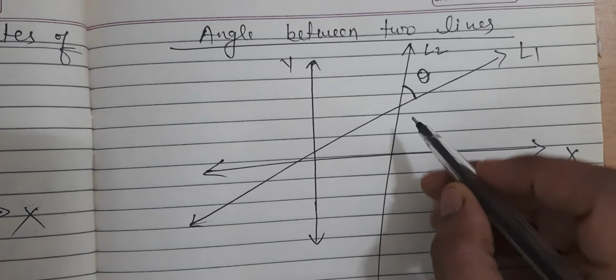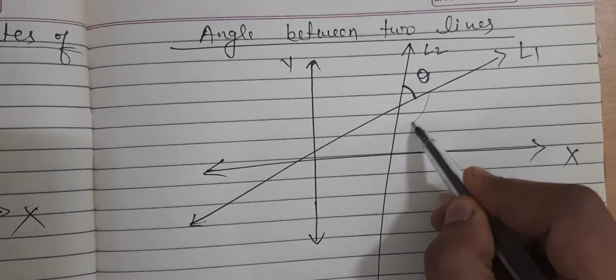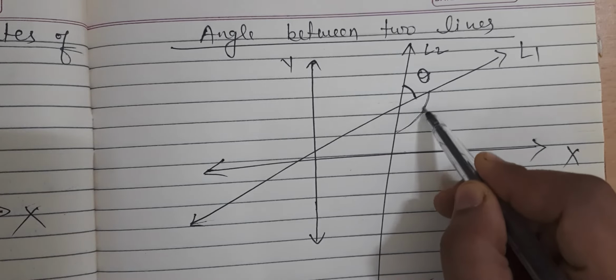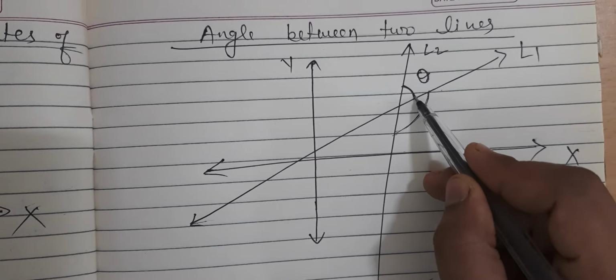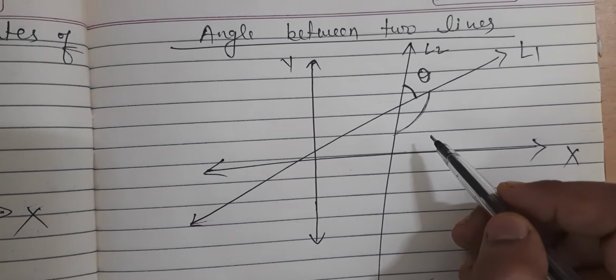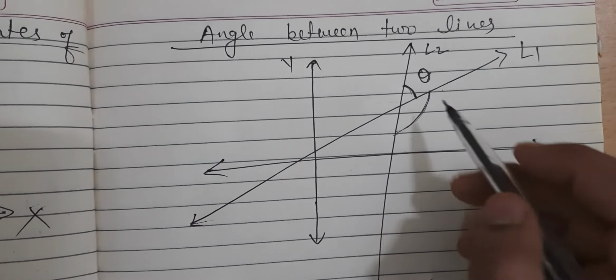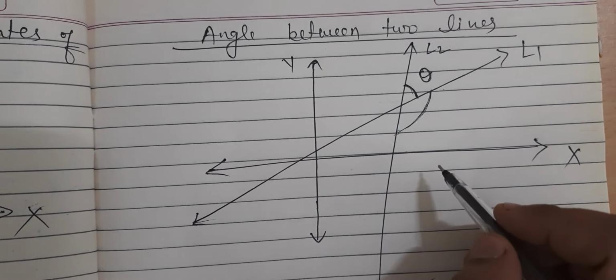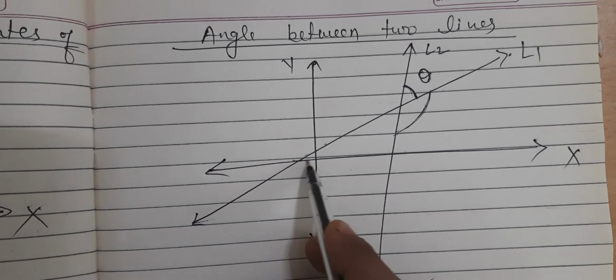We can also take this angle, the angle between line L1 and L2. This is also the angle between L1 and L2, but this is an acute angle and this one is obtuse. So we will find this one, theta, and we know the slope. Slope means the angle between the line and the x-axis.